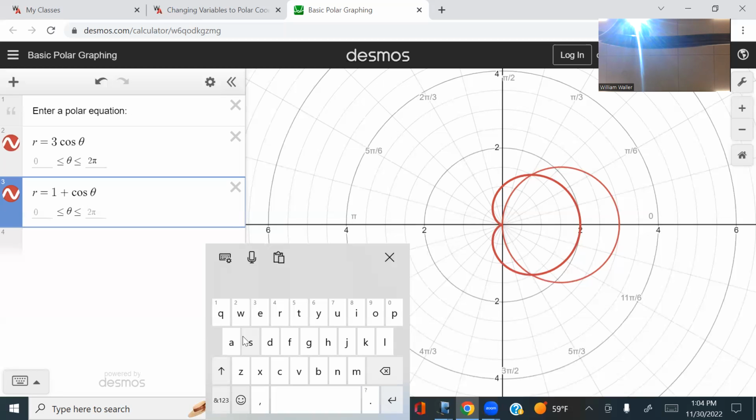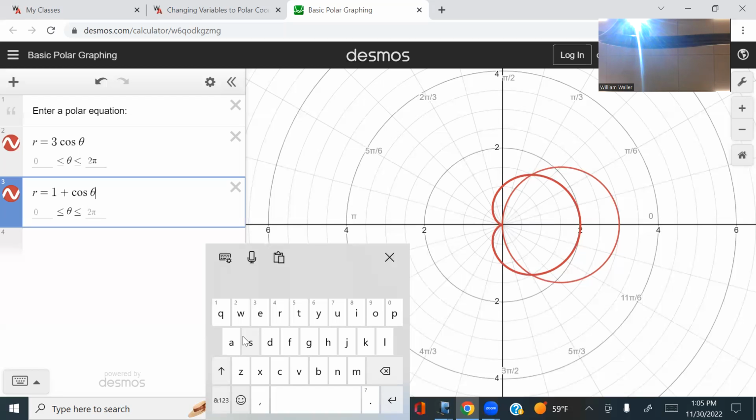Between this curve and this curve, what about the radius of those points? I think they have to be less than or equal to the circle, right? But what's the equation for the circle? Was it 3 cosine theta?